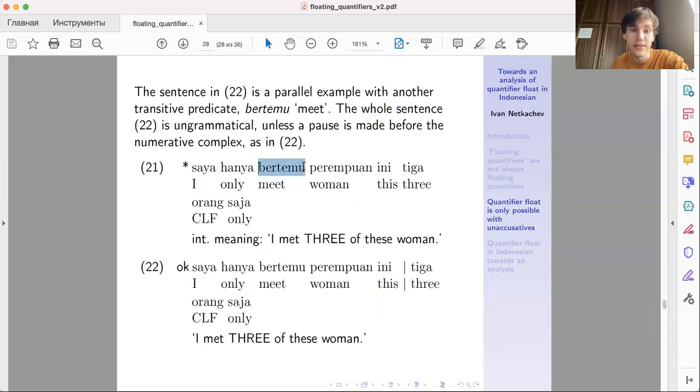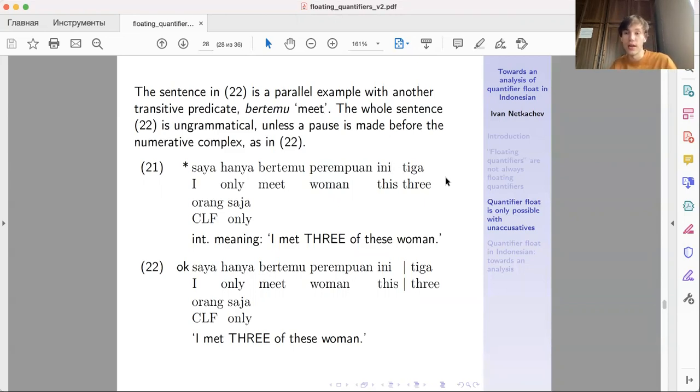Here, the transitive verb is bertemu, meet, and in fact, the quantifier cannot occur after this noun phrase, because the demonstrative here is the rightmost element of the noun phrase.